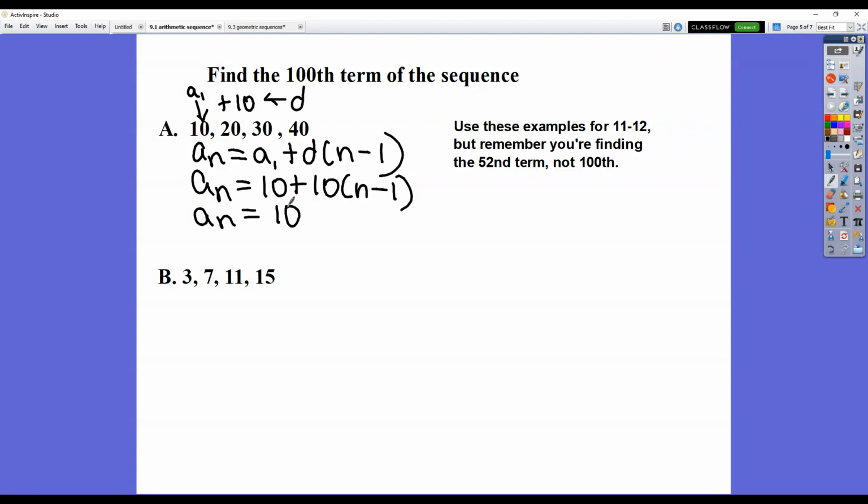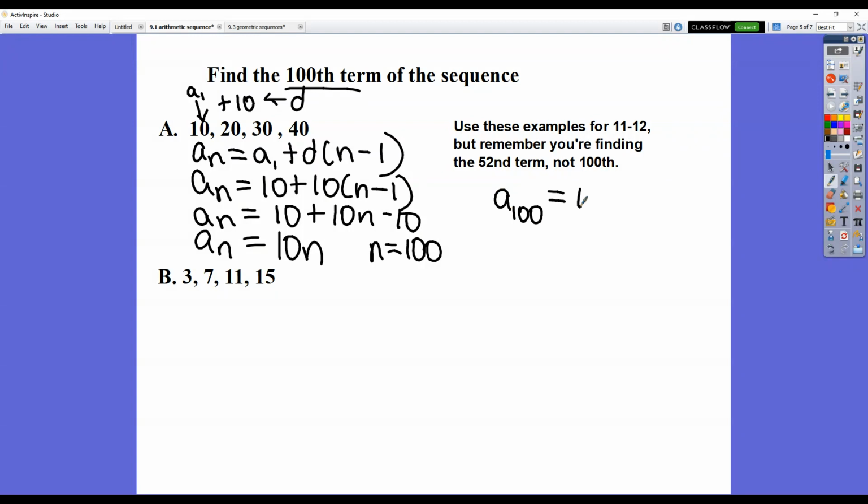And then we distribute. And we get a sub n equals 10n. Now, find the 100th term. N equals 100. So then, I plug in 100. This would be 1,000.